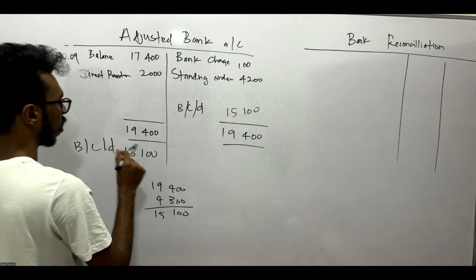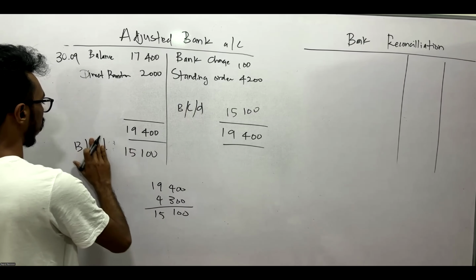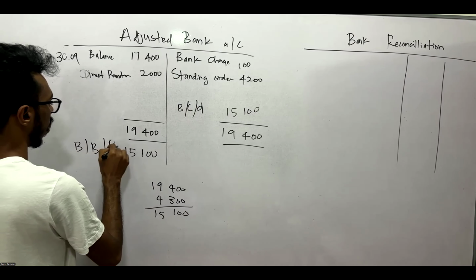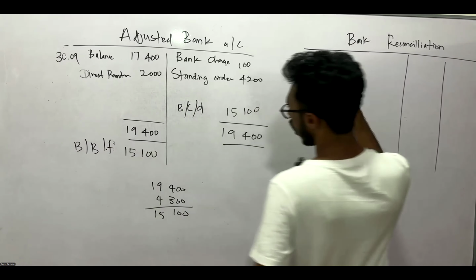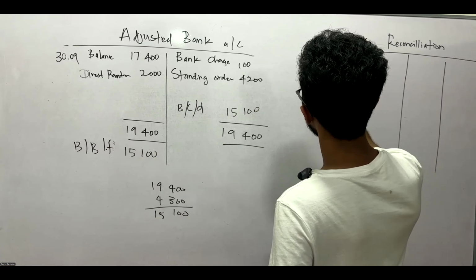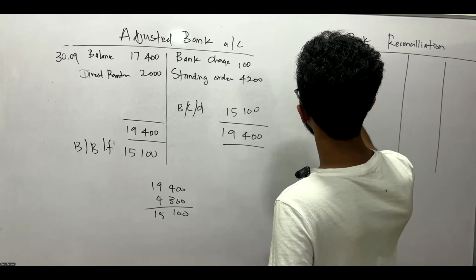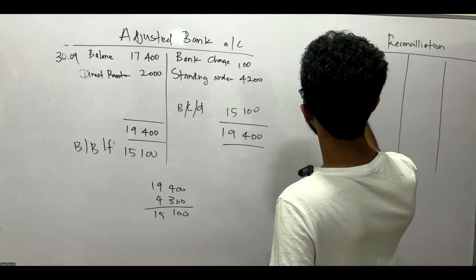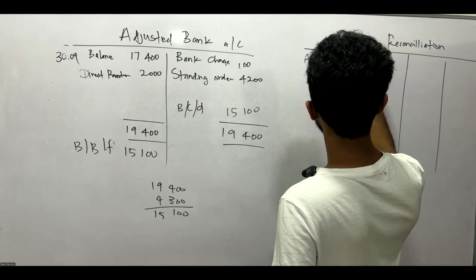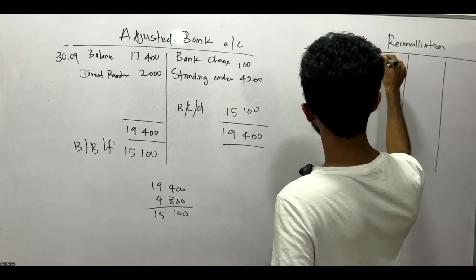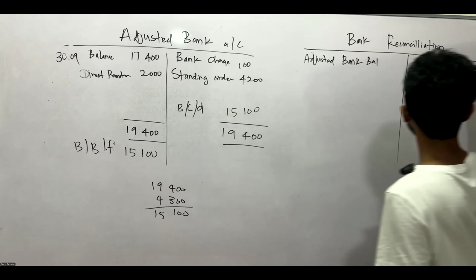We say BBF. And here you have to take the balance. The adjusted bank balance is 15,100.